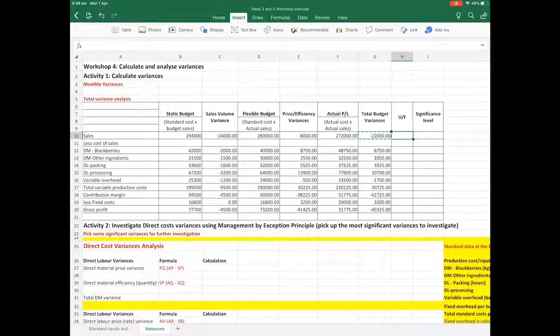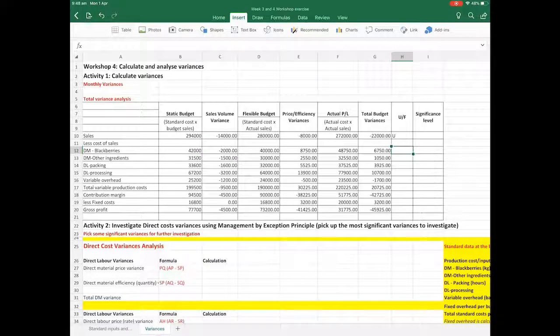In this case, for instance, the total budget variance is minus 22,000, and I calculated that by using actual minus static budget. The negative result means that the actual sales is less than the static sales. The fact that I sold less means that it is unfavorable. I didn't sell as much as I expected.